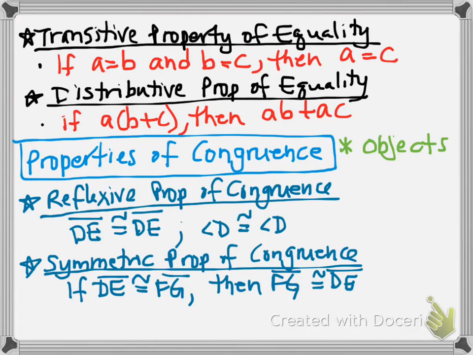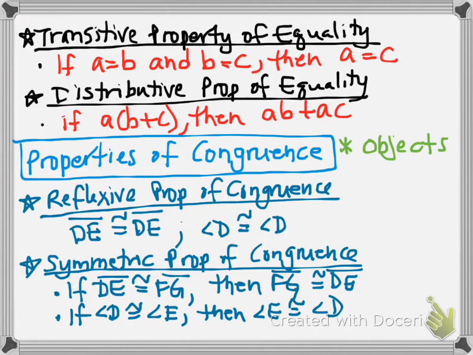Again, order is extraordinarily important when we're doing any kind of proof. And then we can do the same thing with angles. If angle D is congruent to angle E, then angle E is congruent to angle D. So very, very important idea.